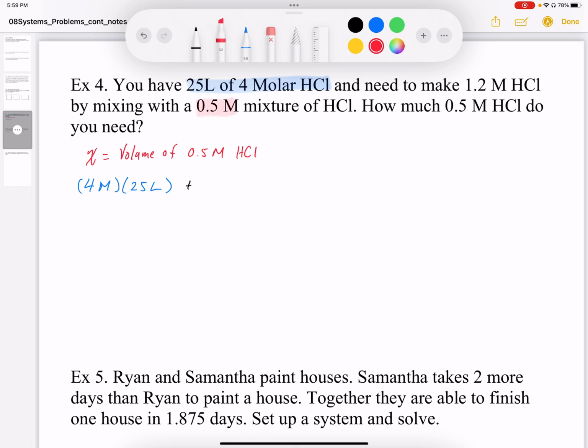Okay, so I have 0.5. And to do that, it's going to be 0.5 molar times a volume of X liters, which we are trying to figure out. Okay, so X is our variable, that's just liters. And when I do this calculation, I'm going to end up with a 1.2 molar mixture.